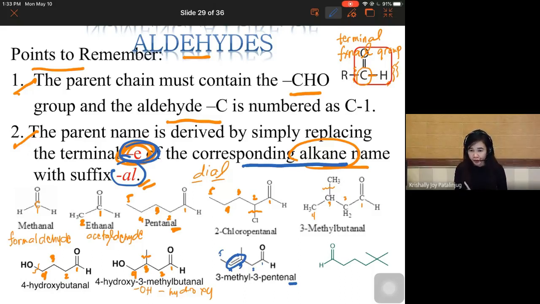The first carbon carrying the double bond, that is the location of the double bond. That is why ang parent is 3-pentenal. Okay? Then from that parent chain na ay substituent at carbon 3. Kaya 3-methyl-3-pentenal.